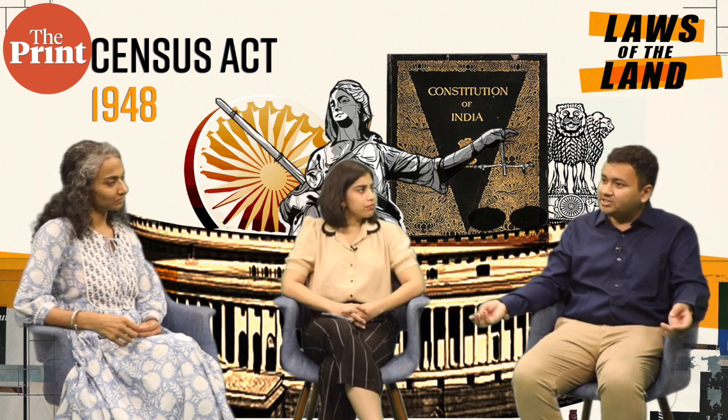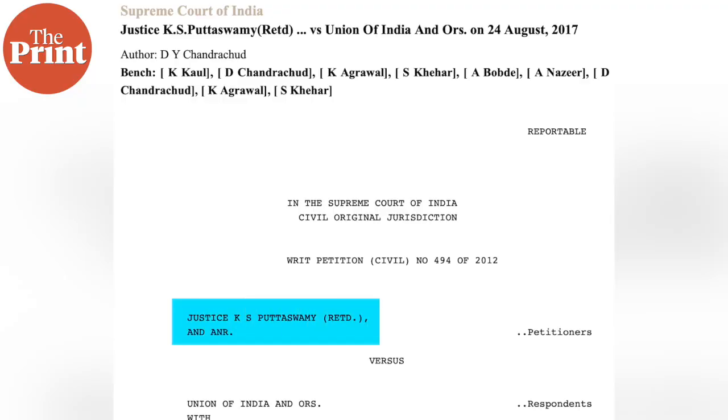And third was that in so doing, whether the effect would be negation of right of privacy of an individual. Right. And of course, they cited Justice Puttaswamy's case and Nalsa also, because even transgenders were sought to be, they were asked to reveal their own gender identity. Yeah, their own identity. Now, all those questions were answered in favor of the state.